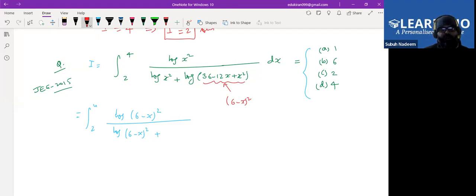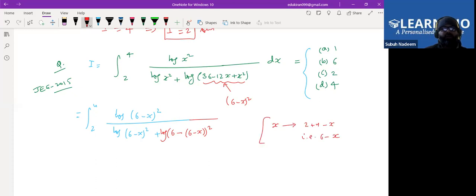So in place of x, when you put 6 minus x, it becomes log of 6 minus x whole square, because we are replacing x with 2 plus 4 minus x, that is 6 minus x.